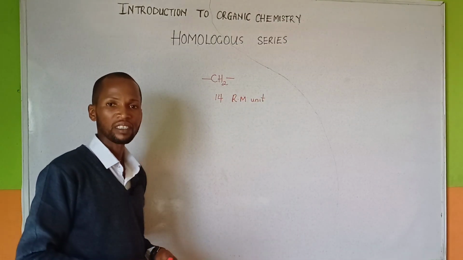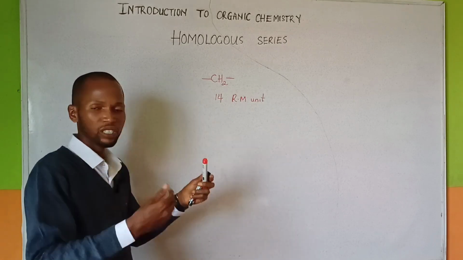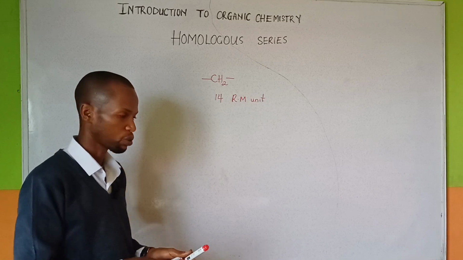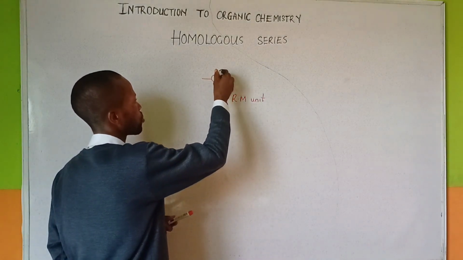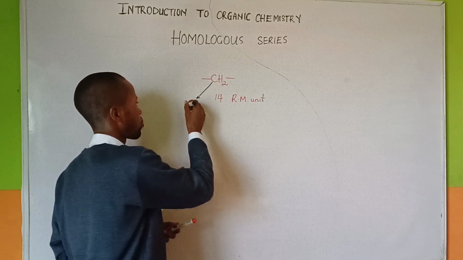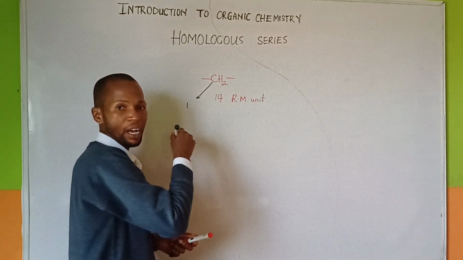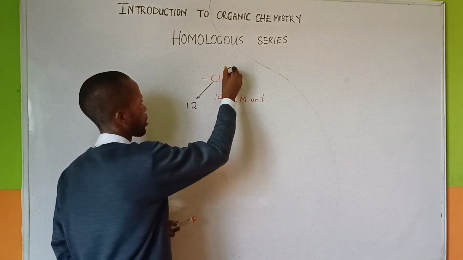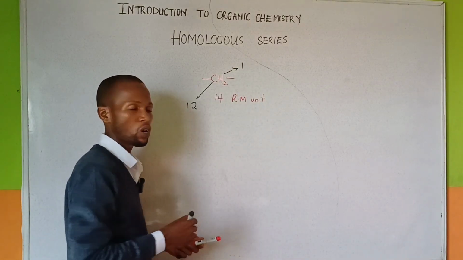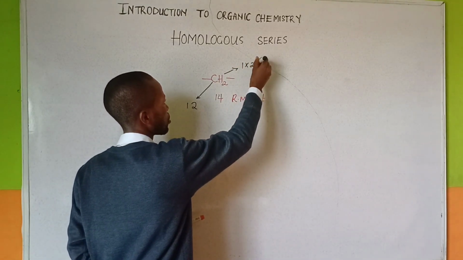How did we arrive at this? Each successive member differs from the next by a CH₂ group. The CH₂ group contains carbon, which has the atomic mass 12, and hydrogen with atomic mass 1 times 2.